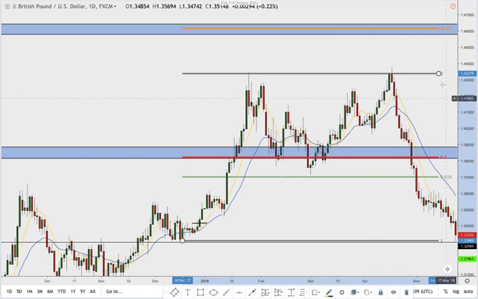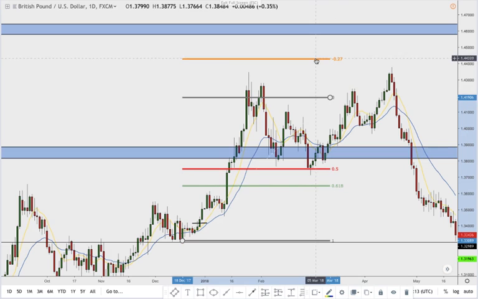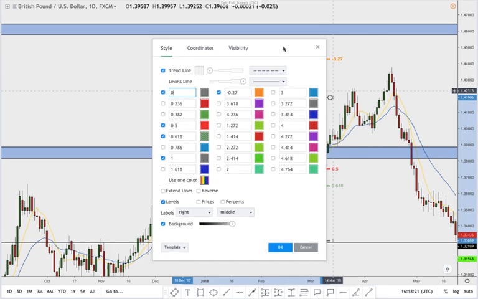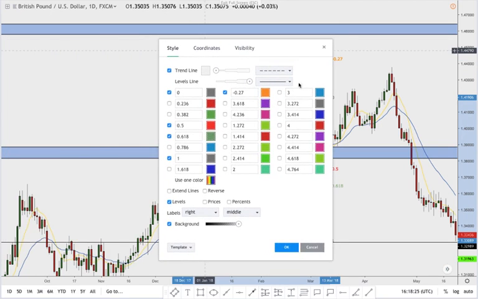Good. Now, for those of you asking how do I put this 0.27? I'm just going to quickly right click here, come to settings so that you can see, because by default, this level doesn't come. So this is exactly how my Fibonacci settings look. I'm going to take a screenshot of this and add it to the manual.